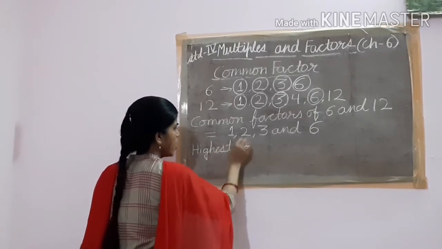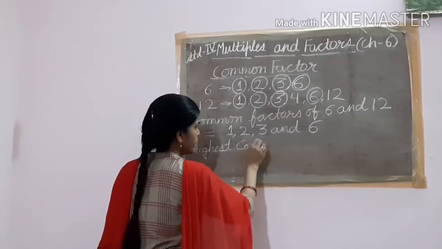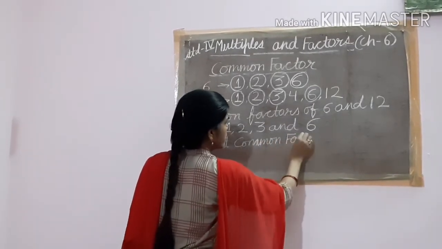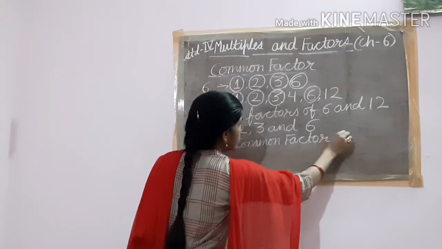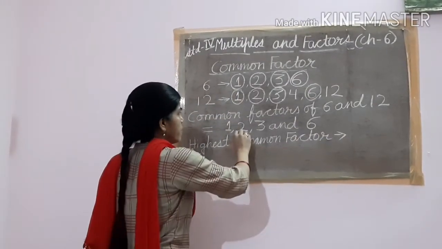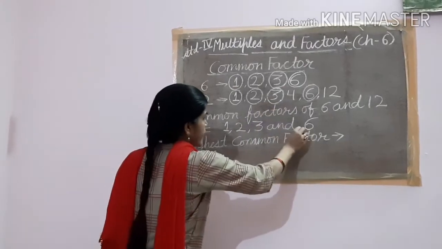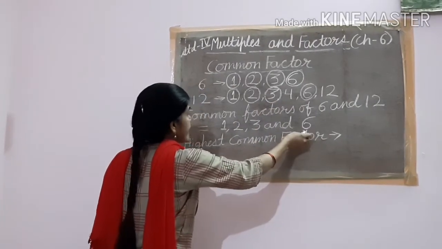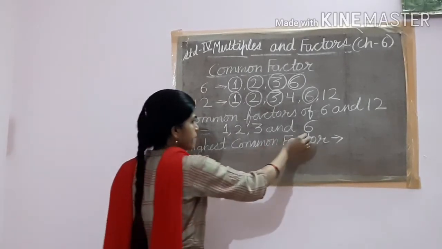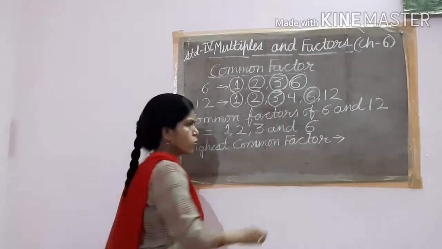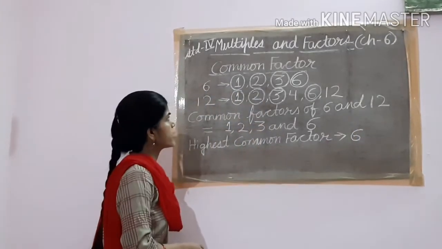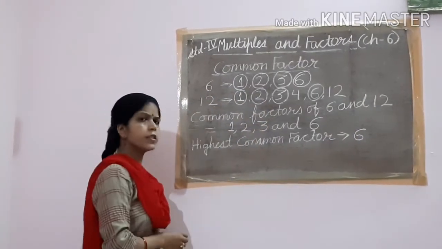How? It is the greatest number between these, the greatest number which exactly divides the given numbers. So which number is the greatest here? 6. So 6 is the highest common factor of 6 and 12.